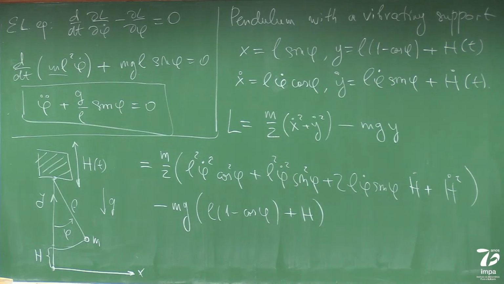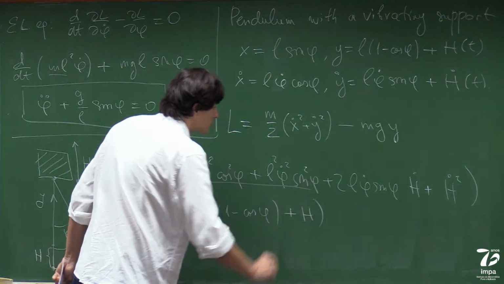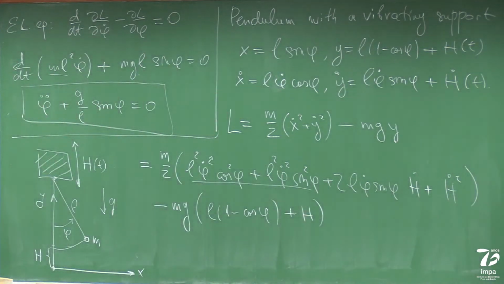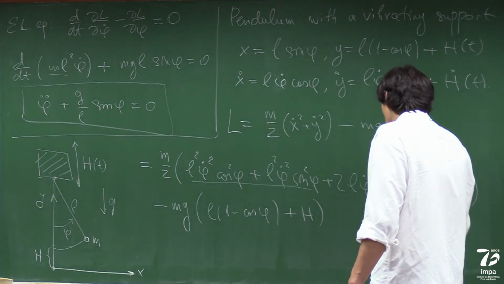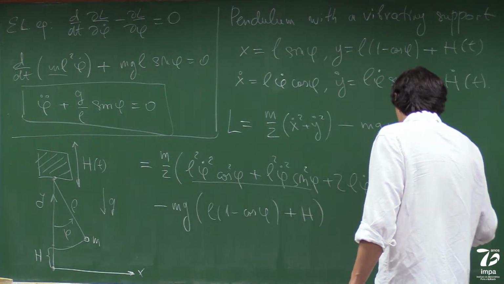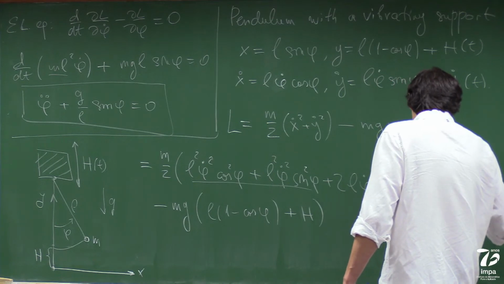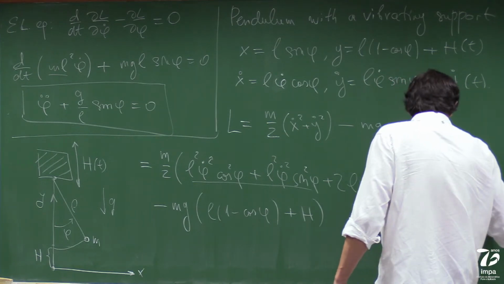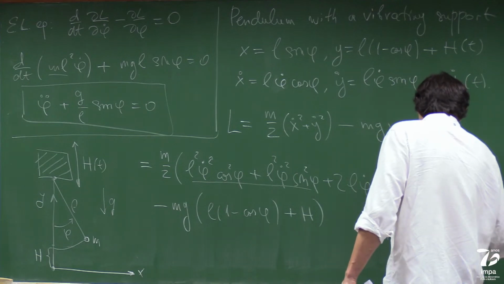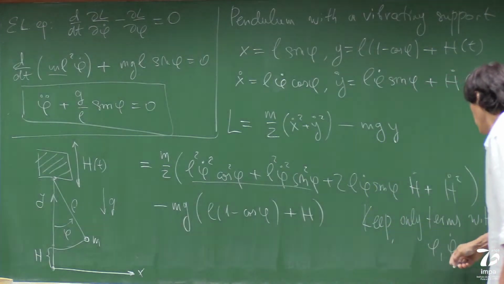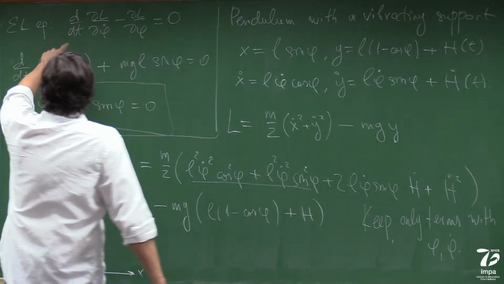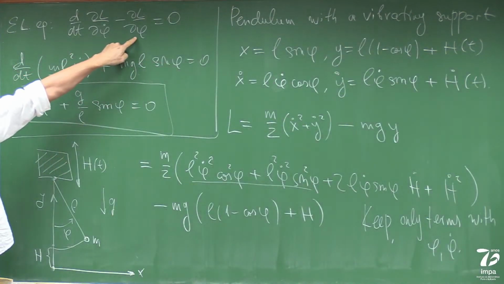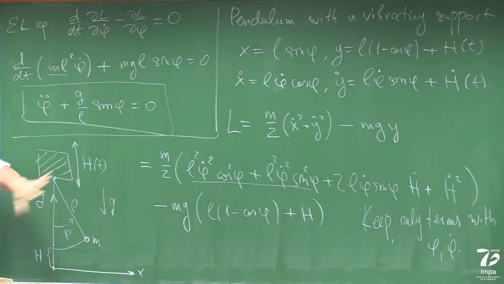Okay. So now you see this cosine squared plus sine squared gives 1. And then keep only terms with psi and psi dot. We only need to keep terms which depend on psi and psi dot, because after that we will write the equation of motion. So everything which does not depend on psi and psi dot will just disappear.